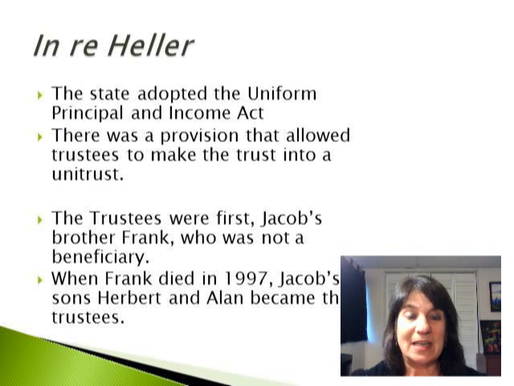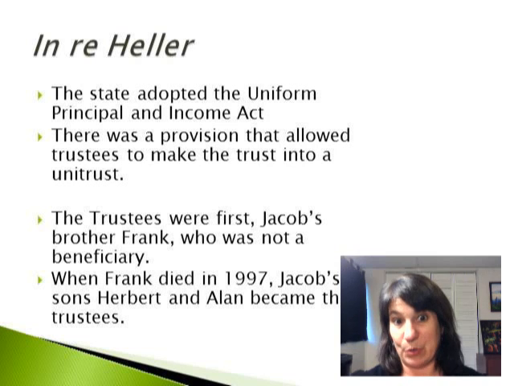At first, it was Jacob's brother Frank, who was not a beneficiary of the trust. But he died in 1997, and then, under the terms of the trust, the trustees became Jacob's sons, Herbert and Alan. And remember, Jacob's kids are the remainder beneficiaries. So Herbert and Alan are remainder beneficiaries, and they're the trustees. Stepmom Bertha is the income beneficiary.